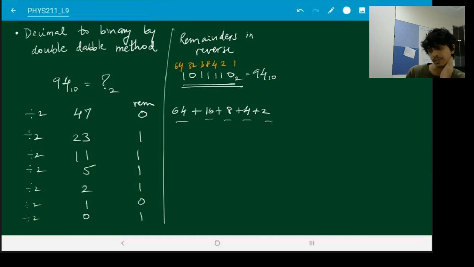What about cases where you have numbers after the decimal point? Okay, for that, let's take an example.